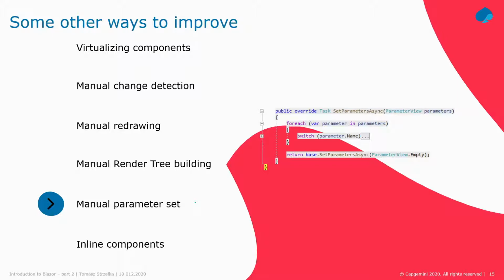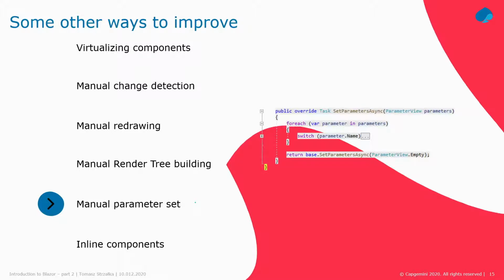As we can read in the Microsoft documentation, each time we pass some parameters to our Razor components, the reflection mechanism will be used to map the references and values of the passed parameters to the properties of those Razor components.